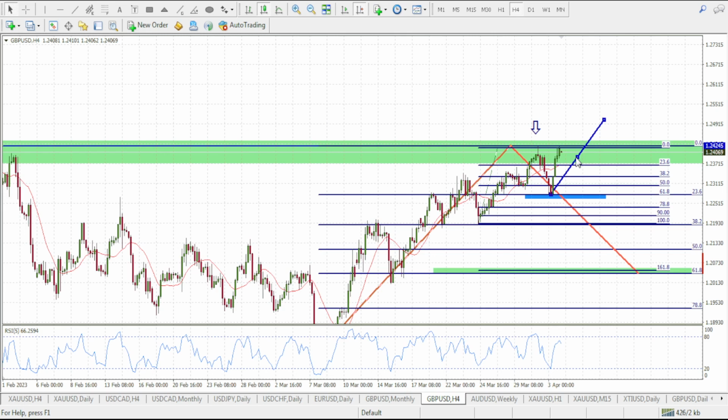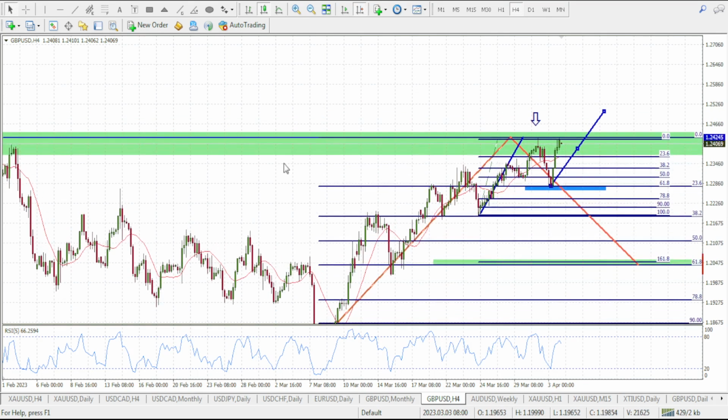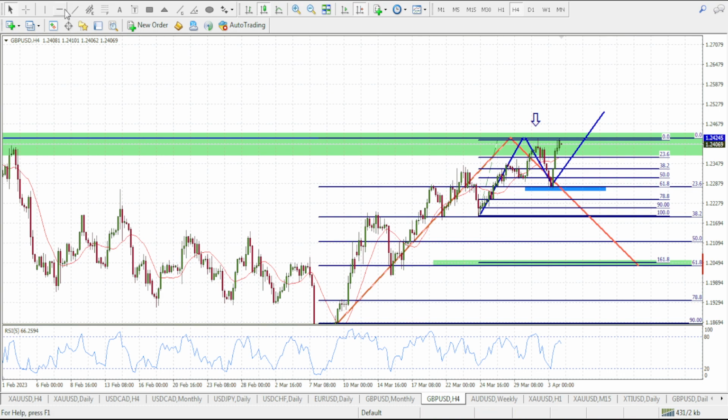Let's see where this ABCD pattern will complete. Okay, nice one, no doubt, a very nice one. And obviously it is pointing up.